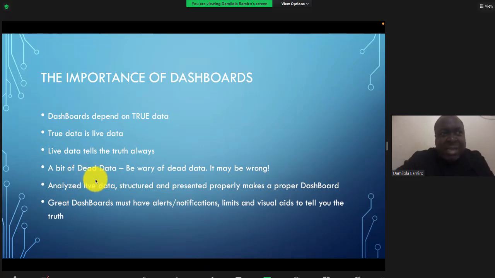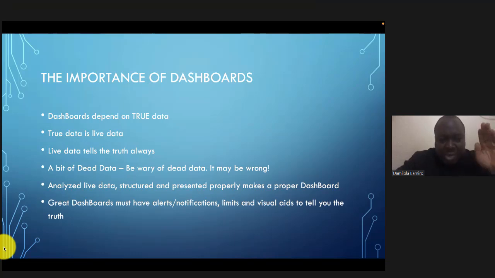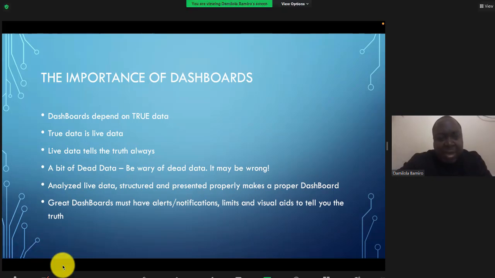It wasn't generated instantly. There was human input into it. That's what we call in technology dead data. You have to be wary of it because it may be wrong. It may not be prepared well. Somebody may have gotten a different source. So you have to begin to understand the importance of a live IT system.